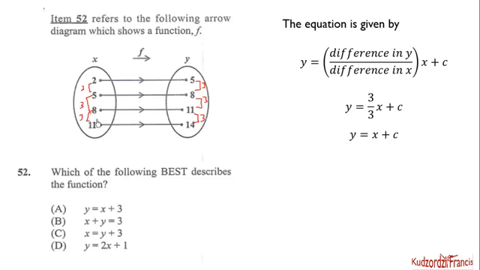We can pick any point from here to find the value of c. Let's pick the first one, when x equals 2, y is equal to 5. We solve for c to get c equals 3. Now we substitute c to get y equals x plus 3. That gives us this equation, which is option A.